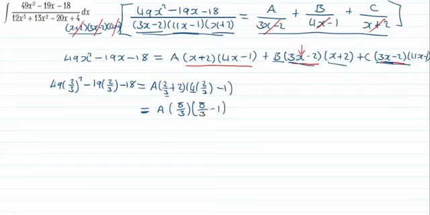Then on this other side, we are going to have 49 multiplied by 4, which is 2 squared, over 9, which is 3 squared, minus 19 times 2 over 3. Then from there we're going to subtract 18. So the overall answer that I'm getting here is a negative 80 over 9 on this other side.